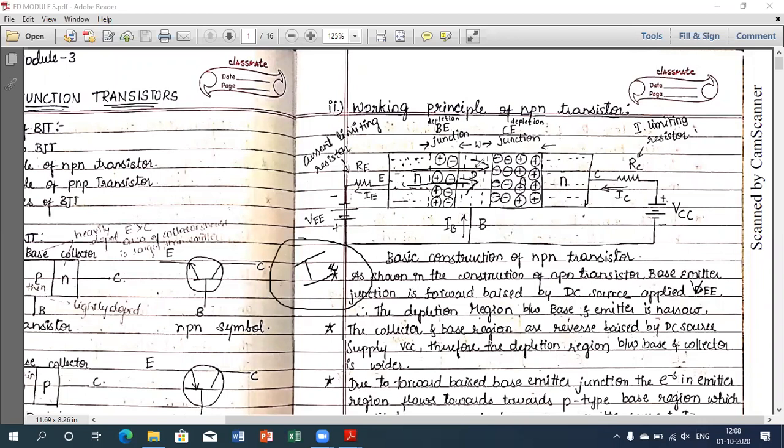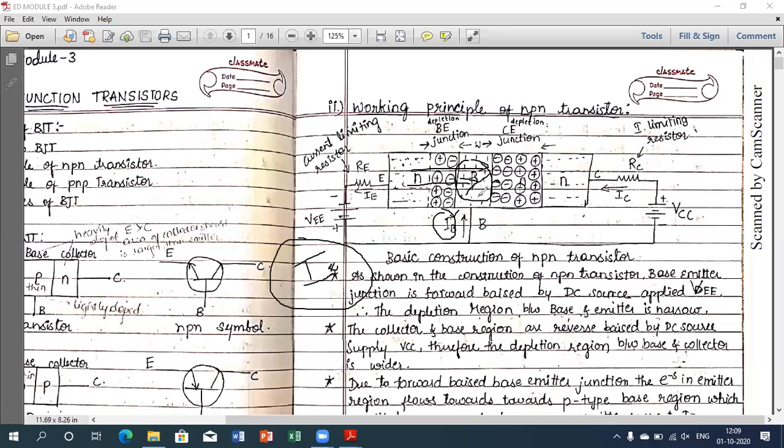Now, when these electrons enter the base region, they recombine with the holes present in the P type. This constitutes another current, which we call the base current, denoted as IB. Only a few electrons recombine with the holes in the P type, because it is a thin, lightly doped layer.